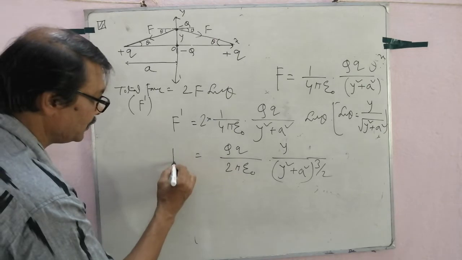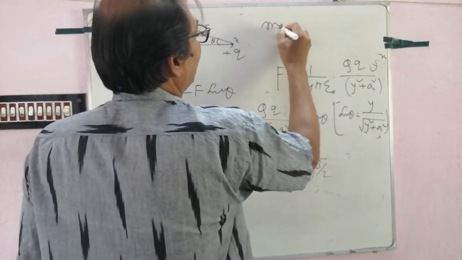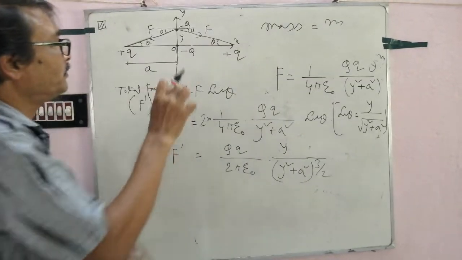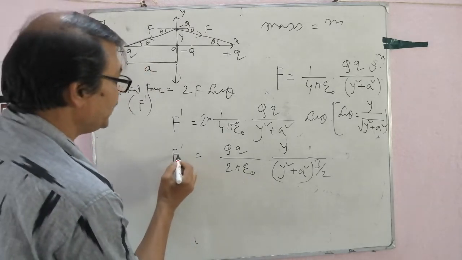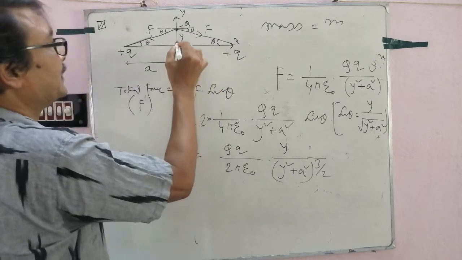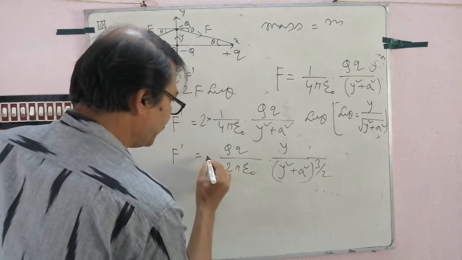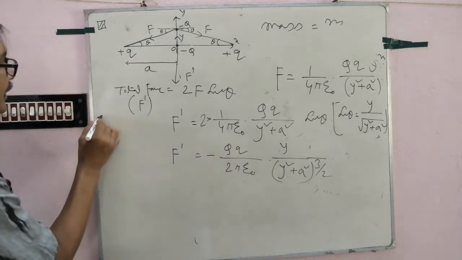Clear? If the mass of the charged particle is m, then this force F dash is in the downward direction and the displacement is upward. So due to y, we can put a minus sign because F and y are opposite to each other.